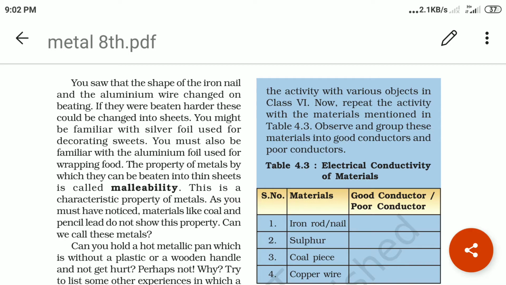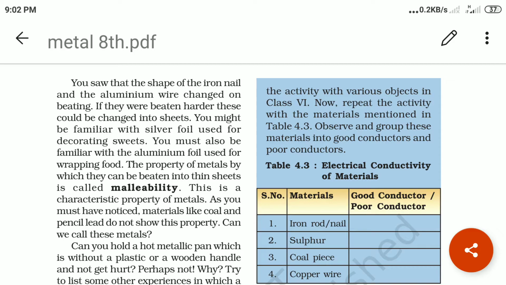If they were beaten harder, they would change into a sheet. You might be familiar with silver foil used for decorating sweets.